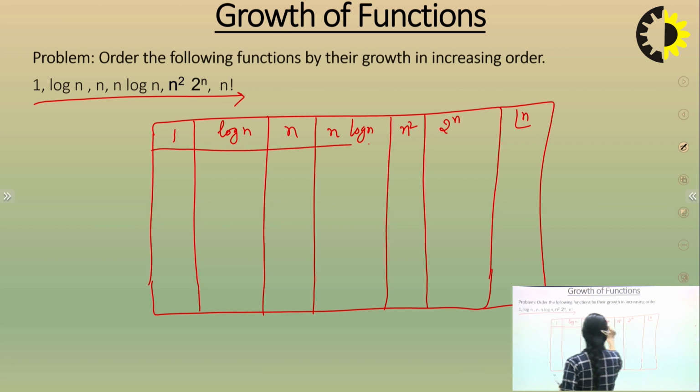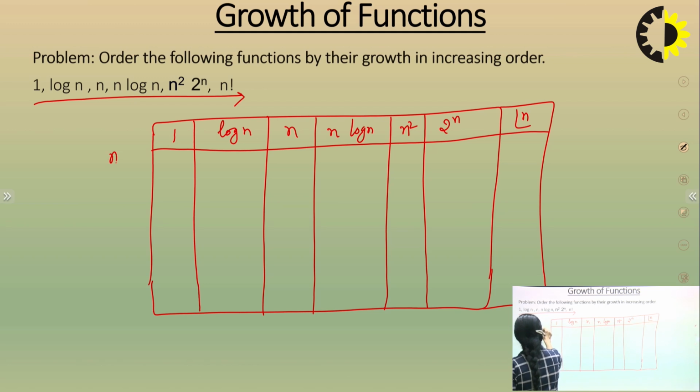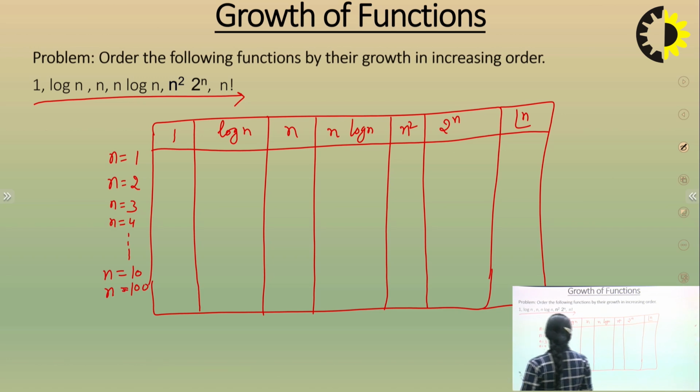These are the functions you have, right? And you have to take some values of n equal to 1, 2, 3, 4 and so on. And you will take some value n equal to 10, randomly n equal to 100. Why are we taking these values? You will see at the end of this slide.